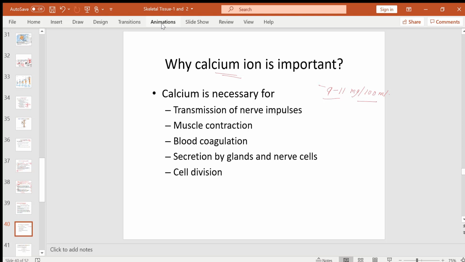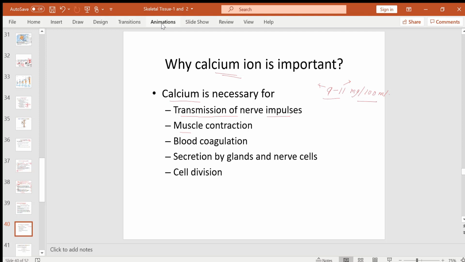Above 11, that is called hypercalcemia. Both are dangerous. Now, why is calcium important in your body? Calcium helps in nerve signal transmission. You know that your nervous system controls the functions of the body. Very important. Calcium helps in muscle contraction.